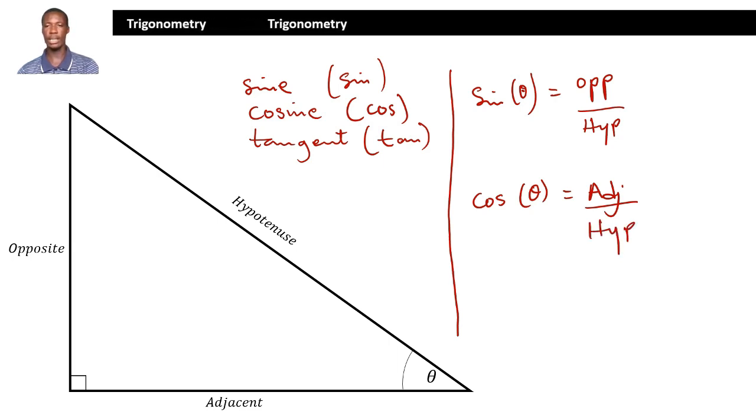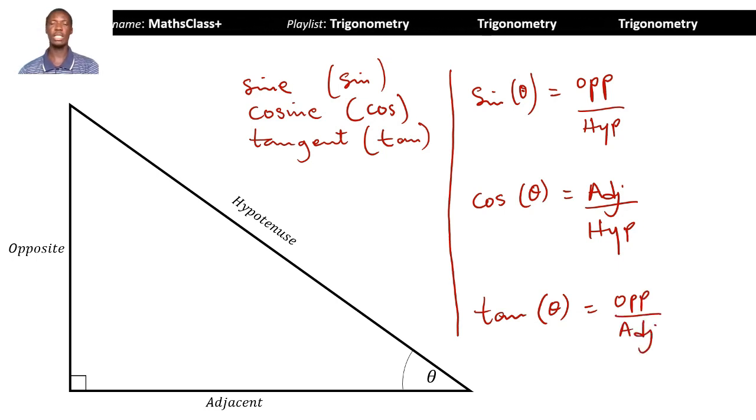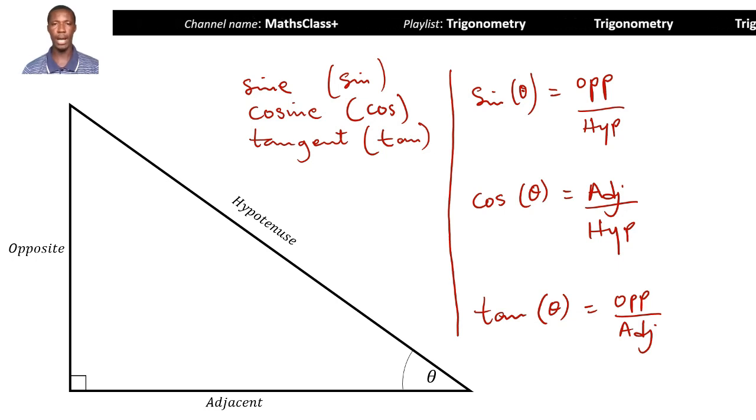And then the tangent of the angle is opposite over adjacent. So these are the basic trigonometric ratios we have.